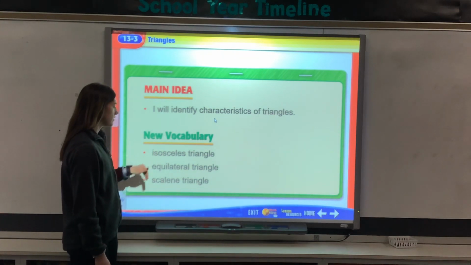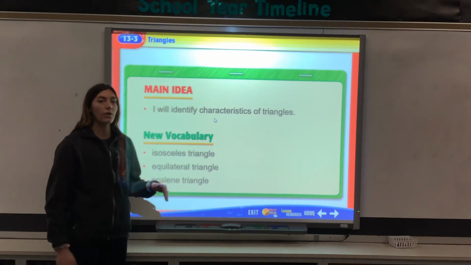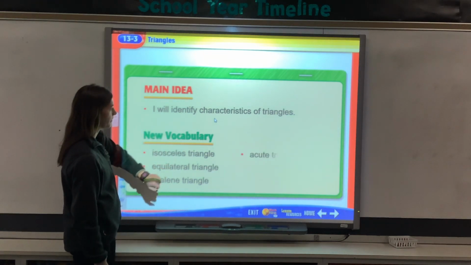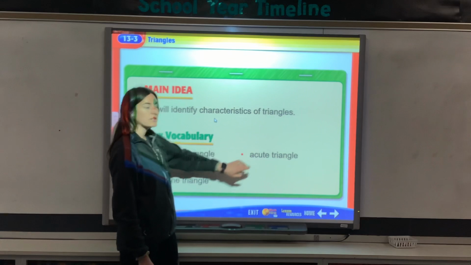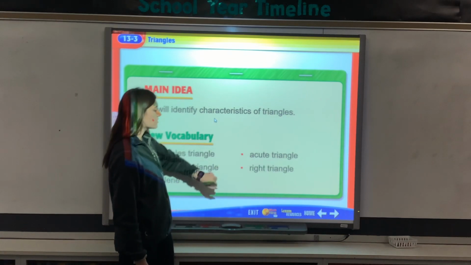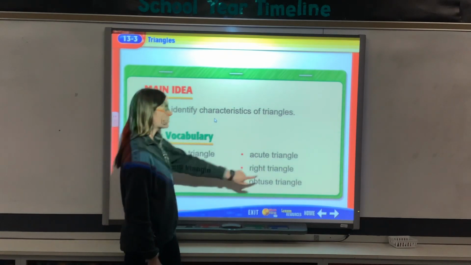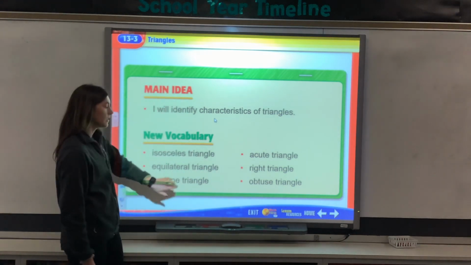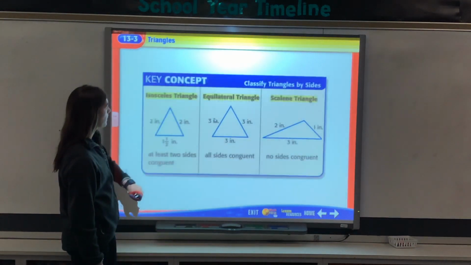All these three triangles are named for their sides, the sides that make up the triangle. Then we have acute triangle, right triangle, and obtuse triangle. These triangles are named for the angles in the triangle.